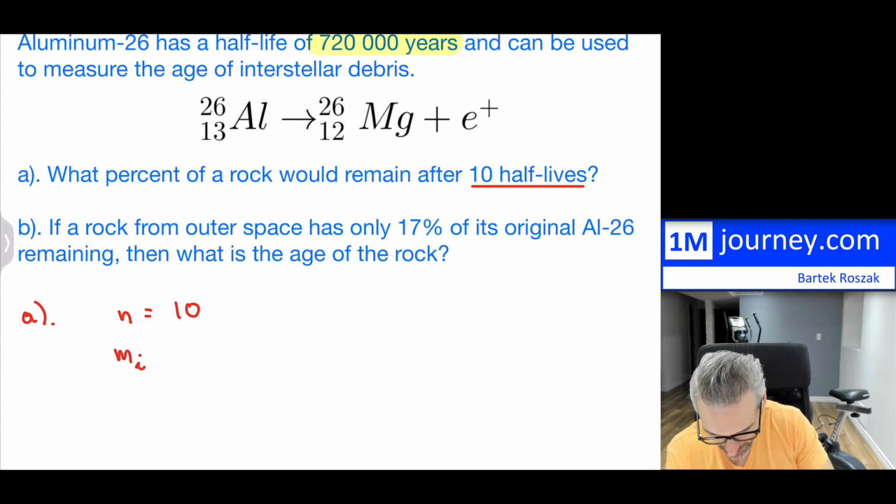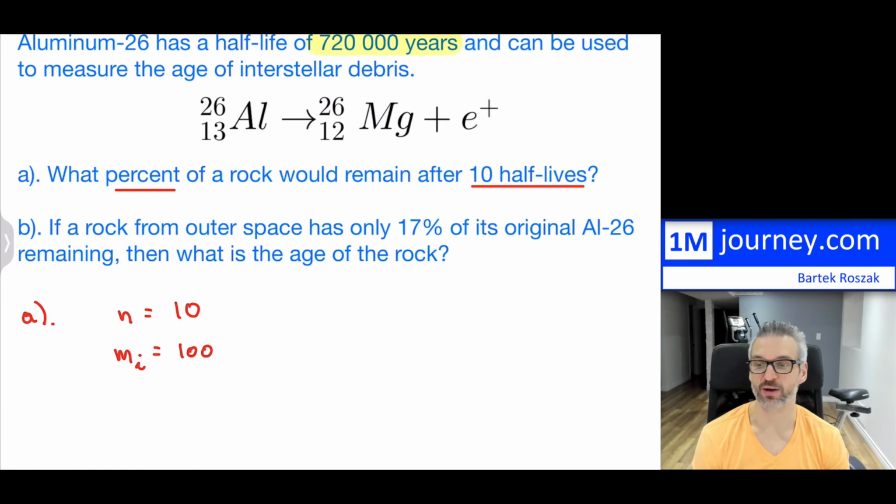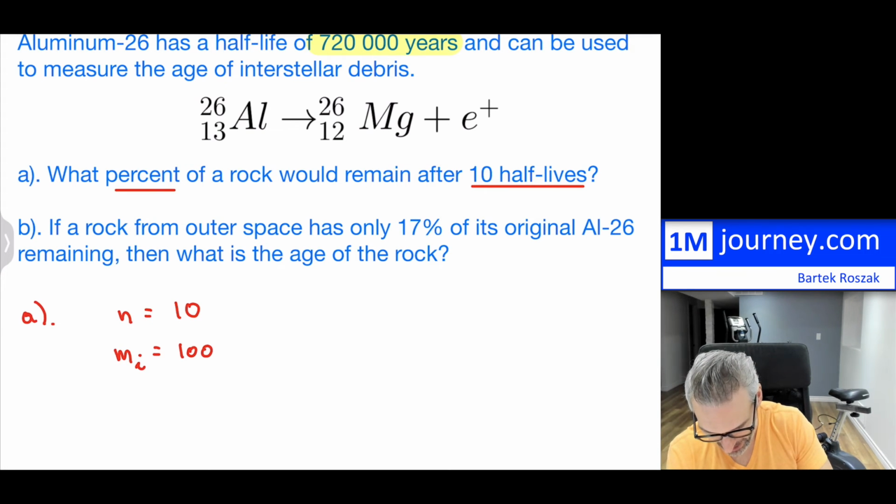Again, my initial amount: whenever they ask what percent, it's definitely worth your while just to say 100. It doesn't matter what unit you choose, grams, kilograms, whatever. Just start with 100 because that is a nice rounded number. M_F, we're not sure.